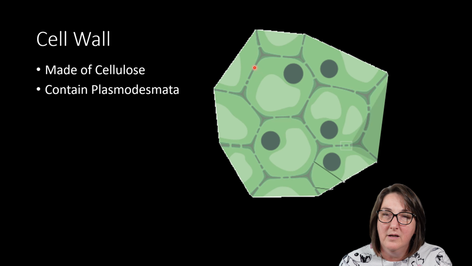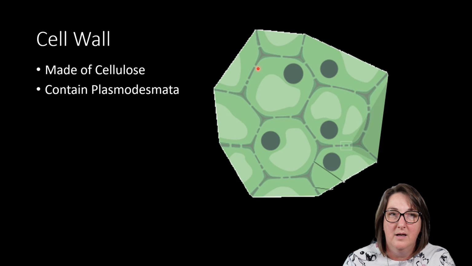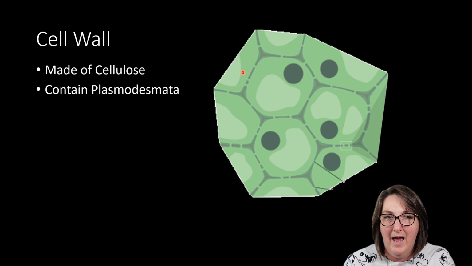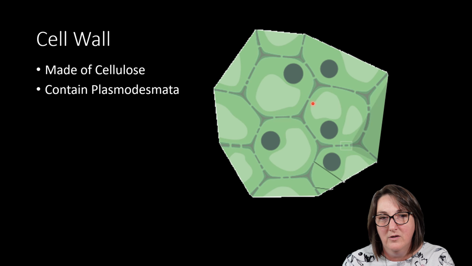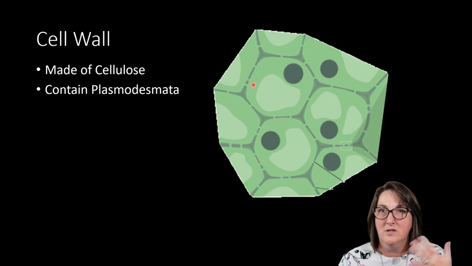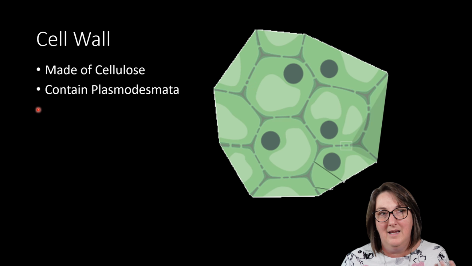They're like little tunnels that have a little bit of cytosol and cytoplasm that allow you to move material. So if I have to get something from this cell to this cell, I can go through this plasma membrane, and then I can go through here, so I can travel through these walls. They're not just solid walls that I can't get through.